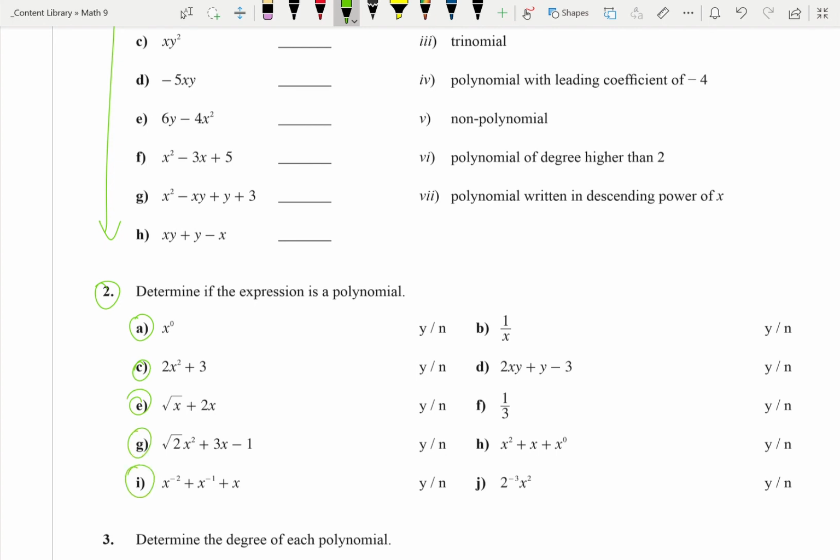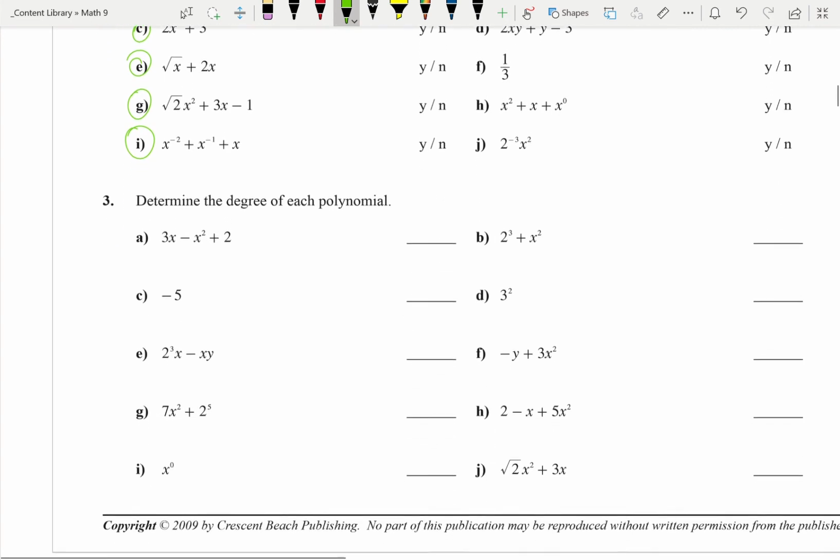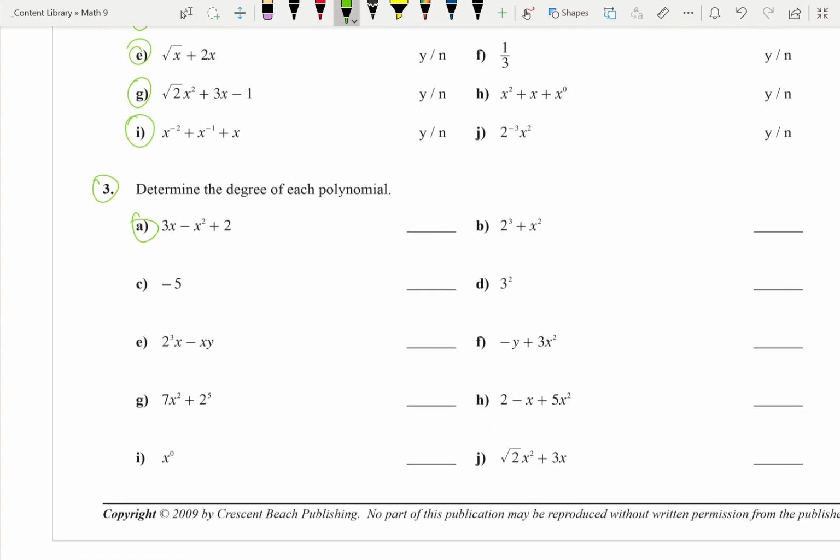So does it follow the rules that we were talking about? 3, it wants you to determine the degree of each polynomial, and one thing that might help you is to simplify first if needed. You might not have to.